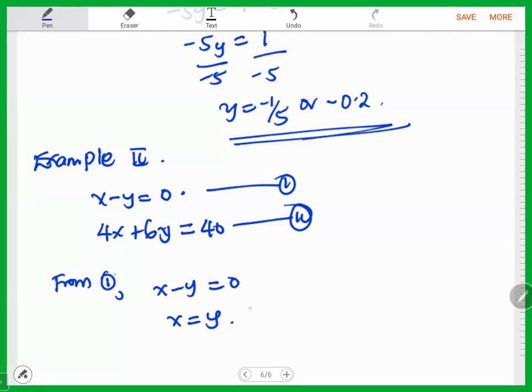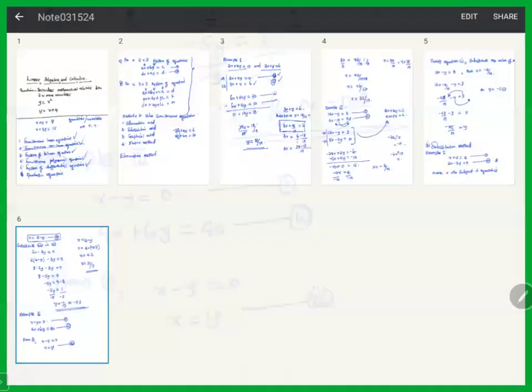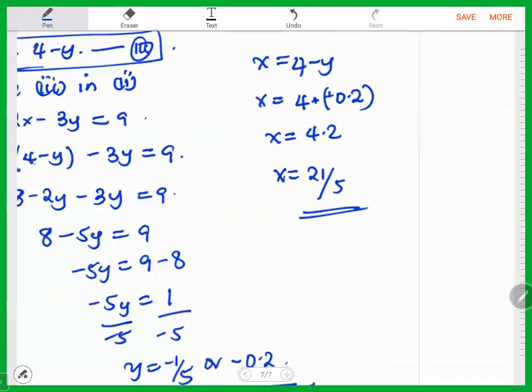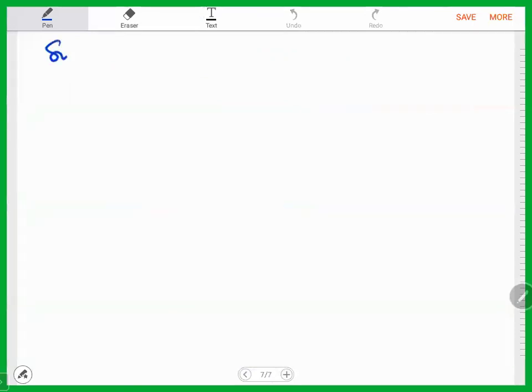So this would be equation number 3. So if that is equation number 3, I'll have to substitute x in 2. And remember, our 2 is 4x plus 6y is equal to 40.